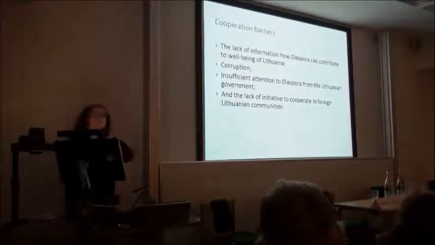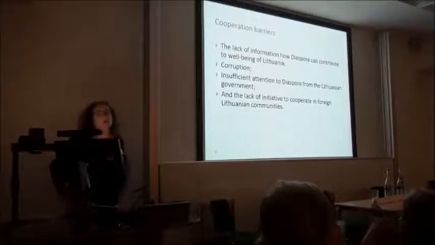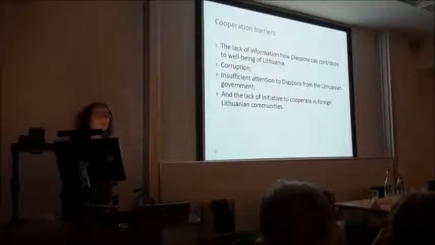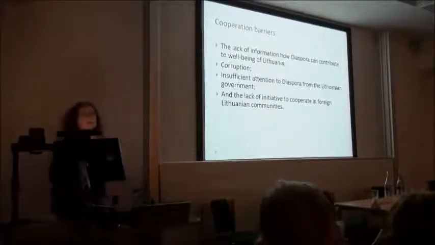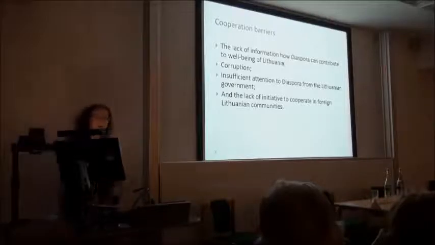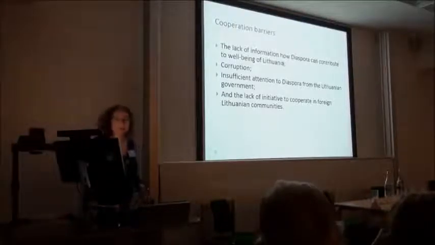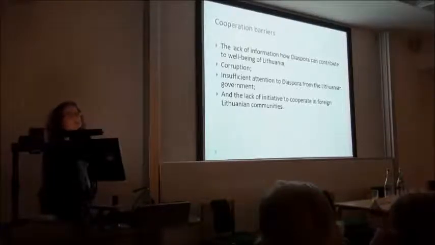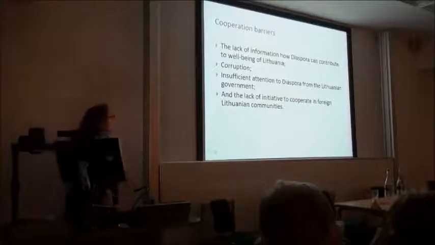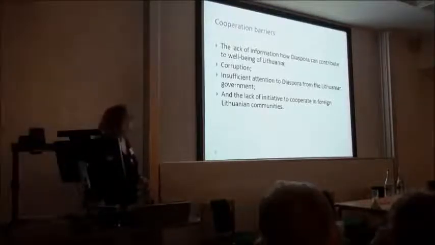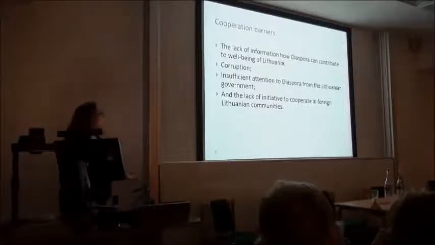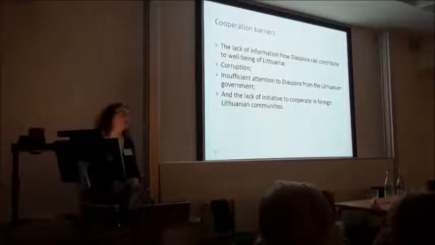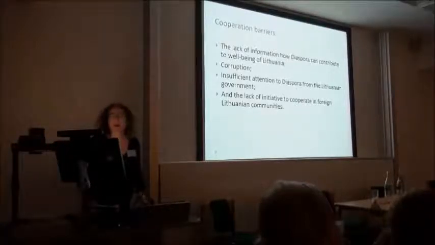And the last question was about cooperation barriers. The first and most frequent answer was the lack of information on how the diaspora can contribute to the well-being of Lithuania. The second one was corruption, and in this case it was interesting that this answer was more frequent among people who have no ties with Lithuanian organizations or institutions.